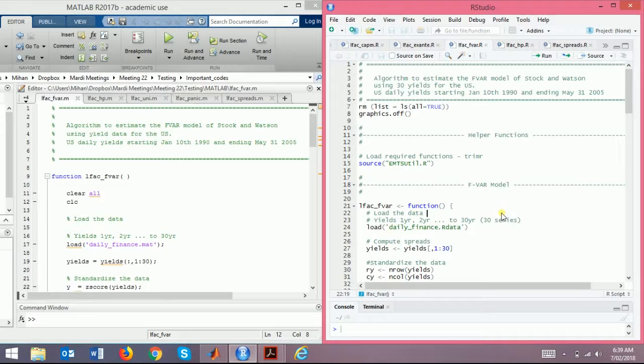Then with the estimated S, we find the residual equation by regressing Y on S and the lag. Doing that we'll find the lambda and gamma.